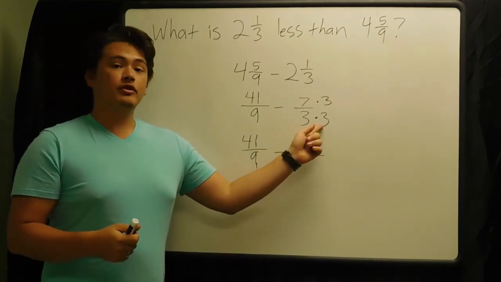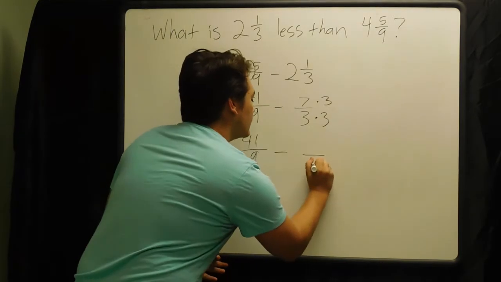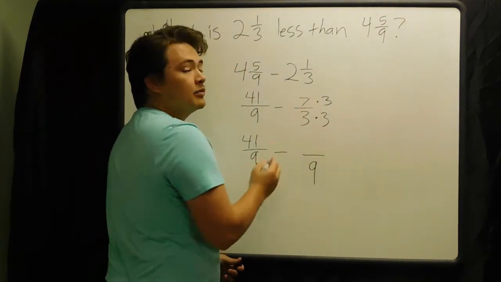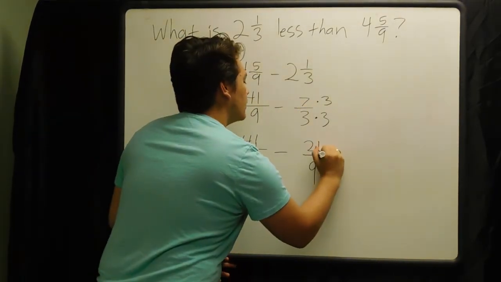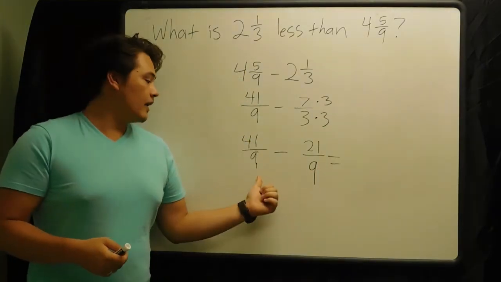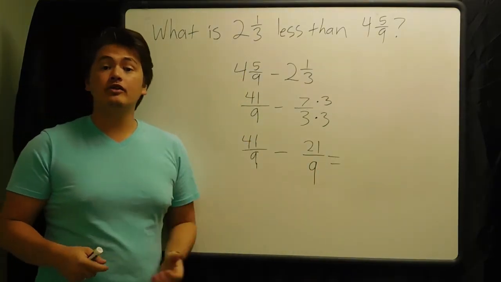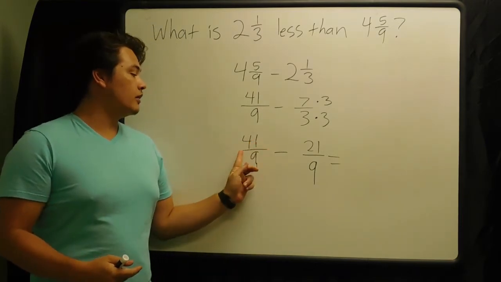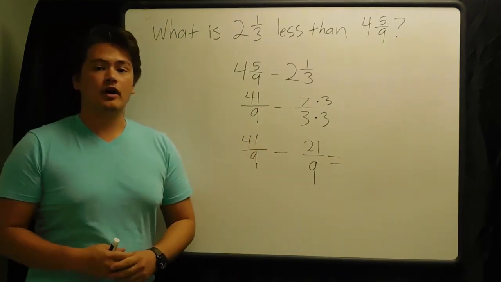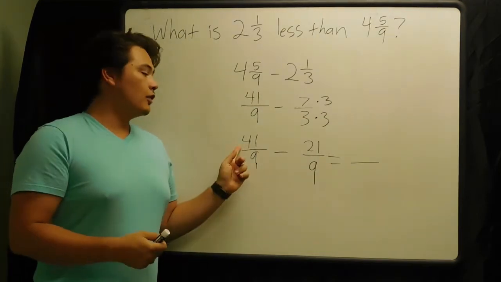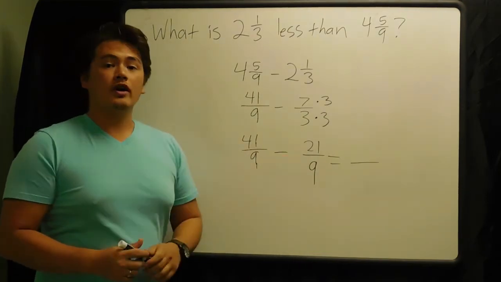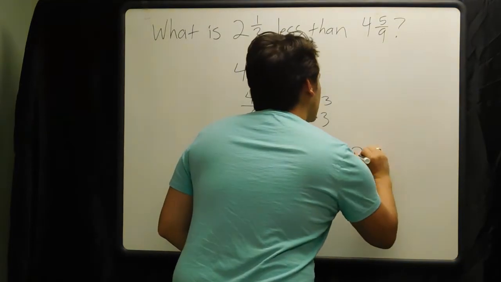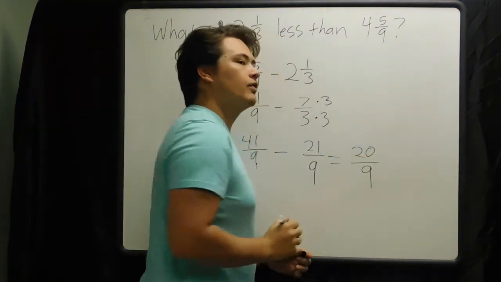So 3 times 3 is going to give me 9, and then 7 times 3 is going to give me 21. Now that I have the common denominator, I'm just going to simply subtract the numerators. So it's going to be 41 subtracted by 21. So 41 subtracted by 21 is going to give me 20 over 9.